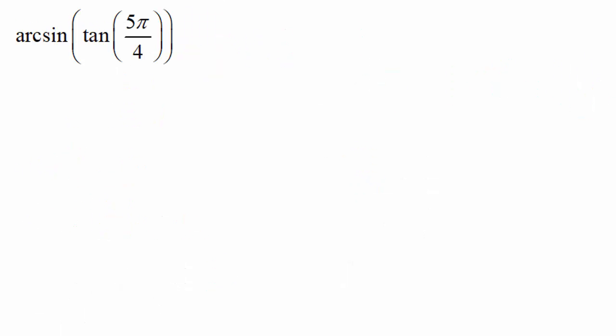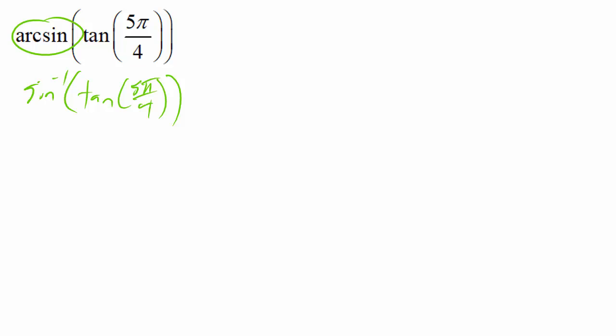This problem here, we're asked to simplify the arcsine of the tangent of 5 pi over 4. If you don't like the arcsine notation, you can always feel free to write it as sine inverse. They are the same thing. So we can also look at this as the sine inverse of the tangent of 5 pi over 4.